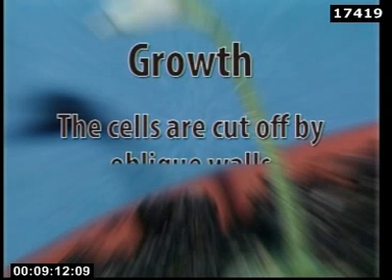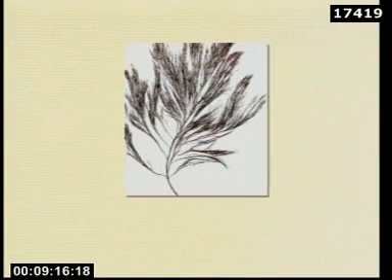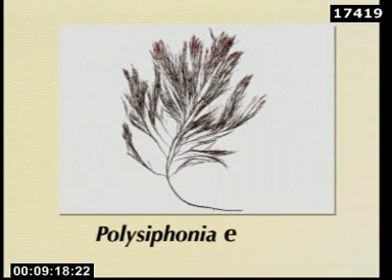The cells for the formation of branches are cut off by oblique walls. The pericentral cells are cut off by the vertical division of the central cell, which is situated some distance below the apical cell.